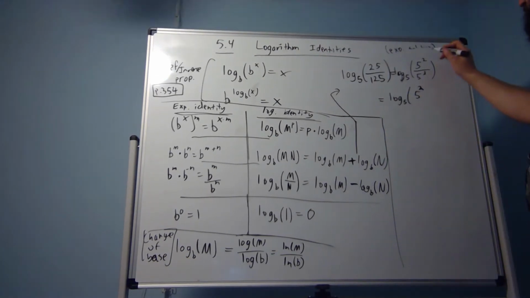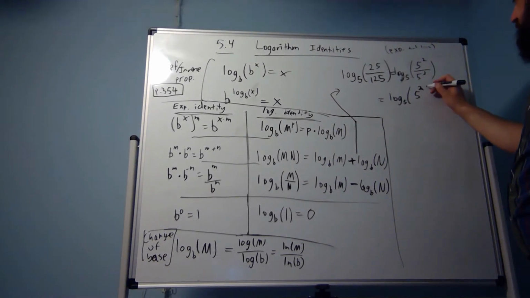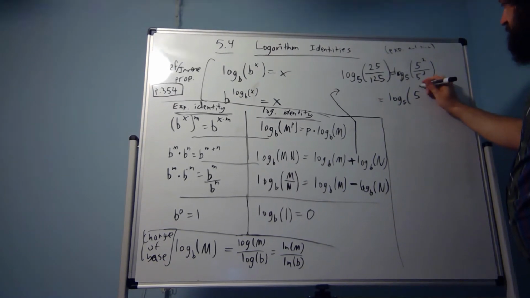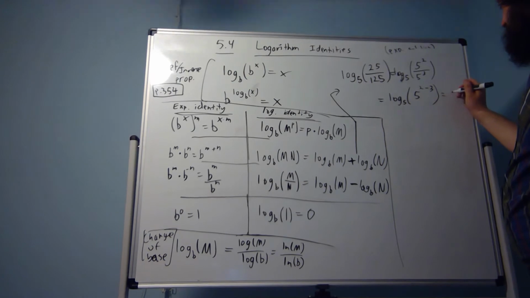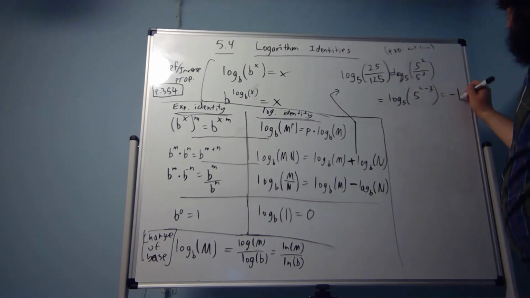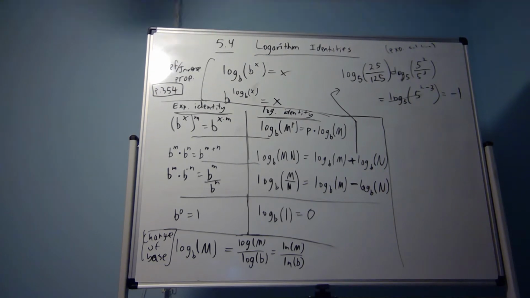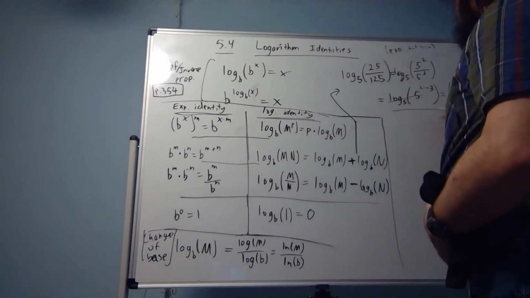If I'm dividing two different powers of 5, then I subtract the exponents. So you end up getting log base 5 of 5 to a power. That exponent is -1. That's the exponential identity solution.